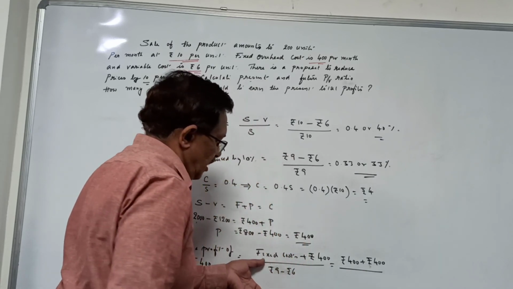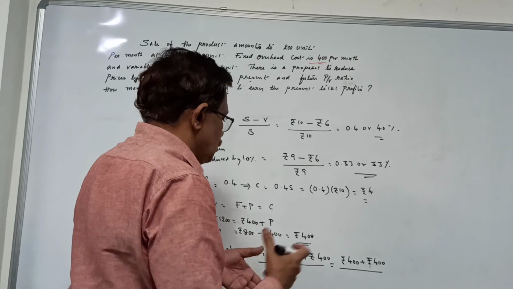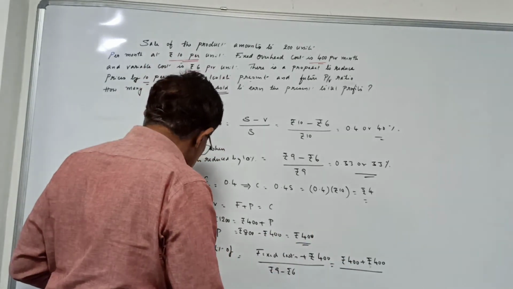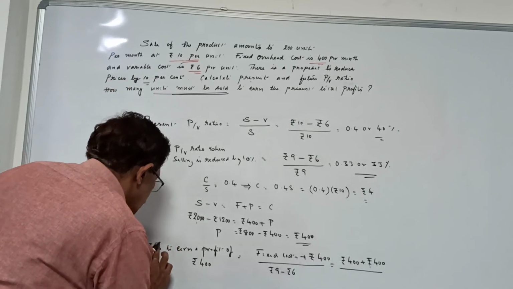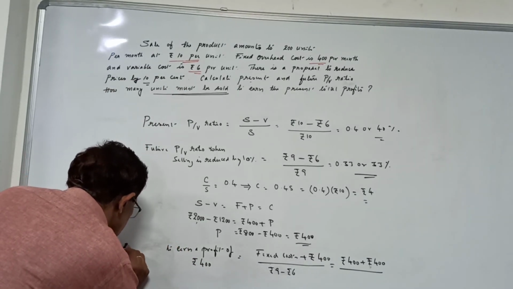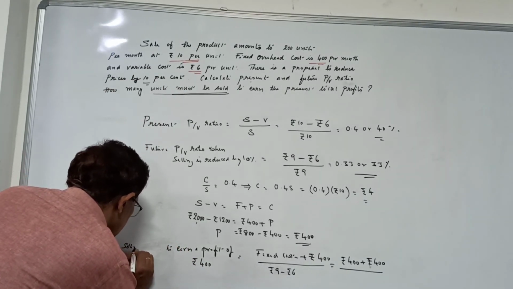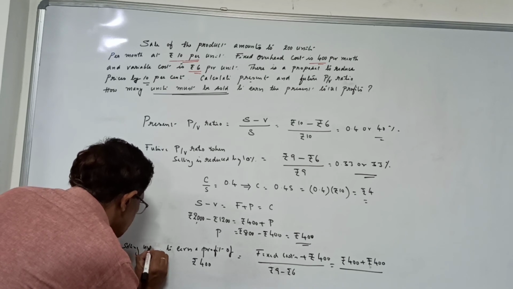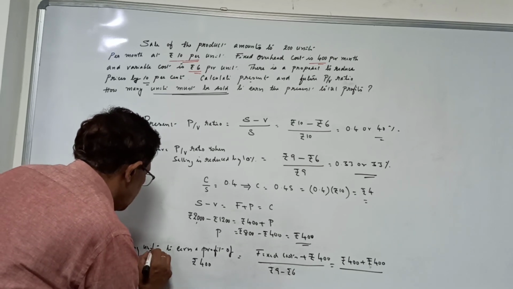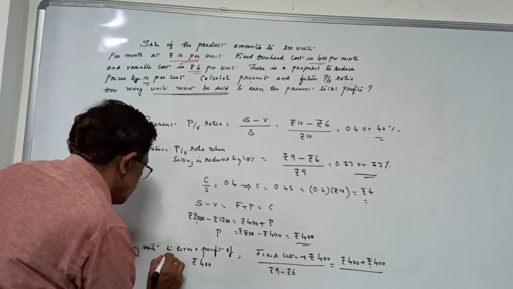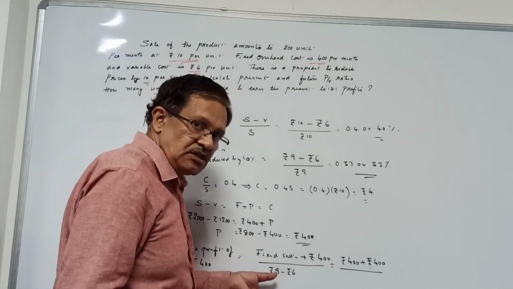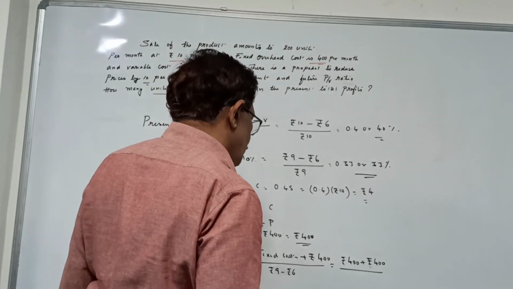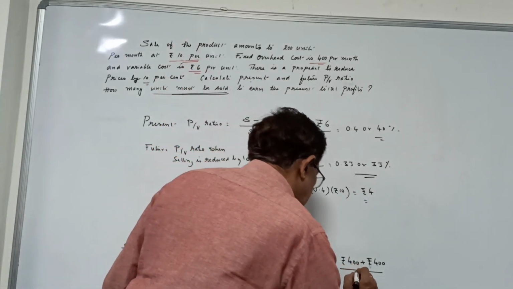If you are taking PV ratio, you will get the total sales value. But he is asking us number of units, selling units to earn a profit of 400. So I am directly taking S minus V itself. So it is nothing but 3.